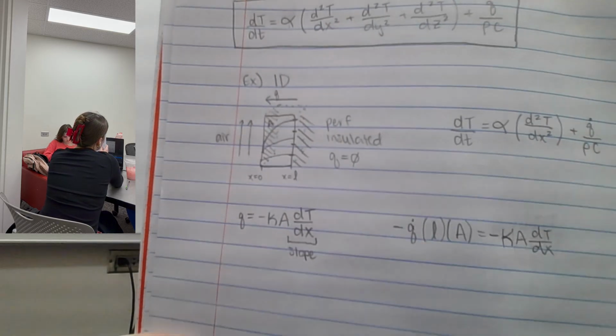So we're going to denote that q as being negative because it's going the opposite direction that we've set our system. So it's negative q dot times the length times the cross-sectional area equals negative Ka dT over dx.